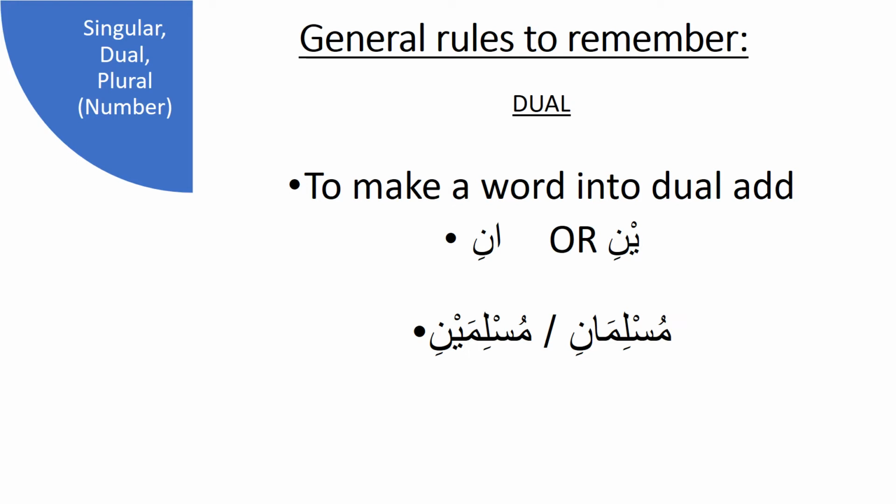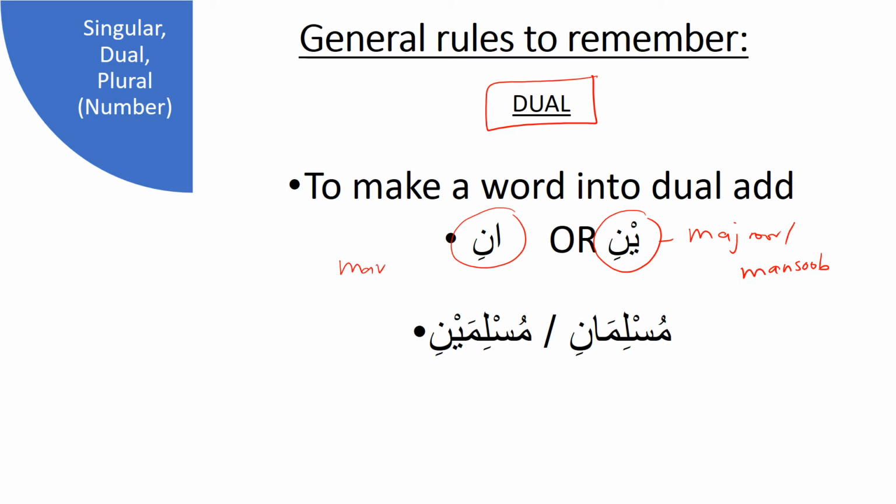If you want to make a word into dual, it's very easy. You add aini or ani. When do you use aini? You use aini when it is majroor or mansub, according to the sentence. And you add ani when it is marfu.